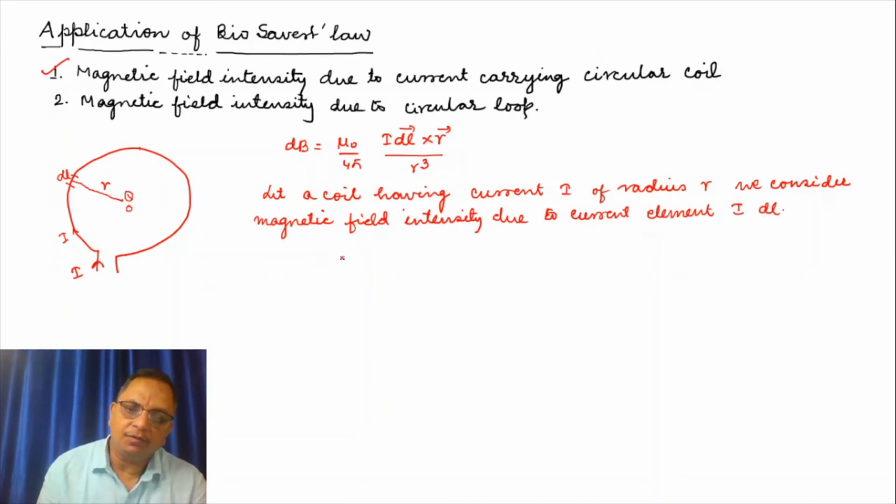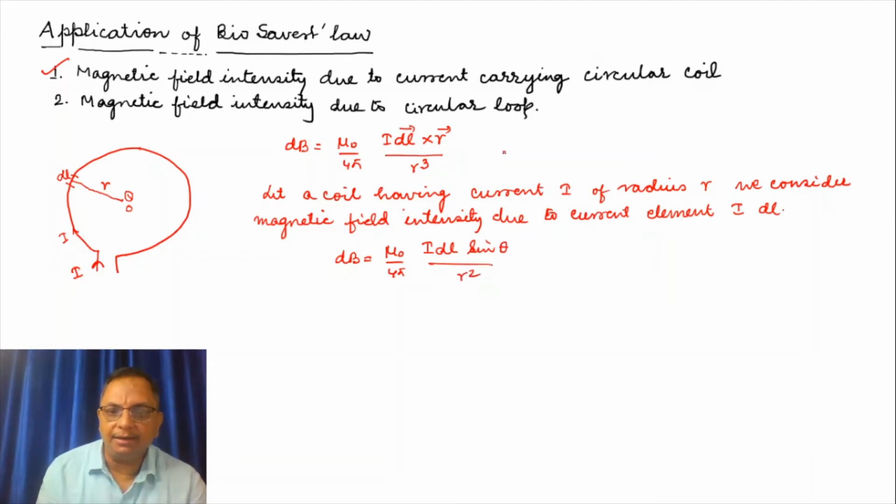Here we know that the magnetic field formula is dB is equal to mu 0 over 4 pi I dl sin theta over r square. We write here the formula.